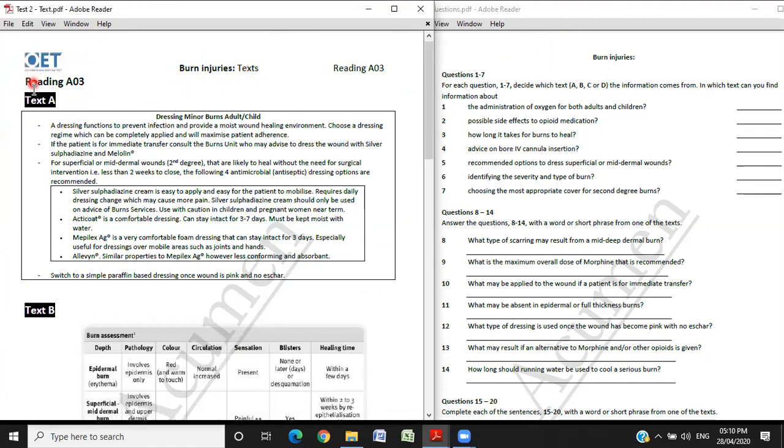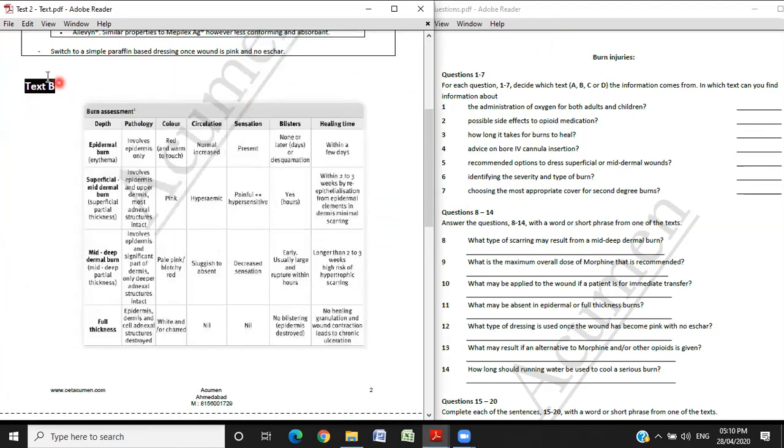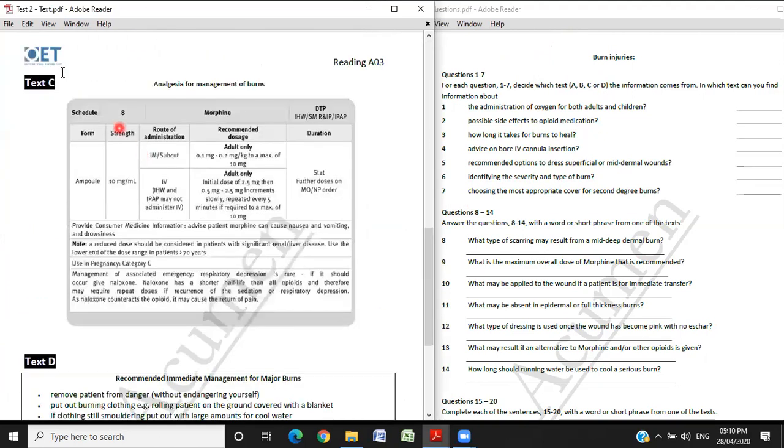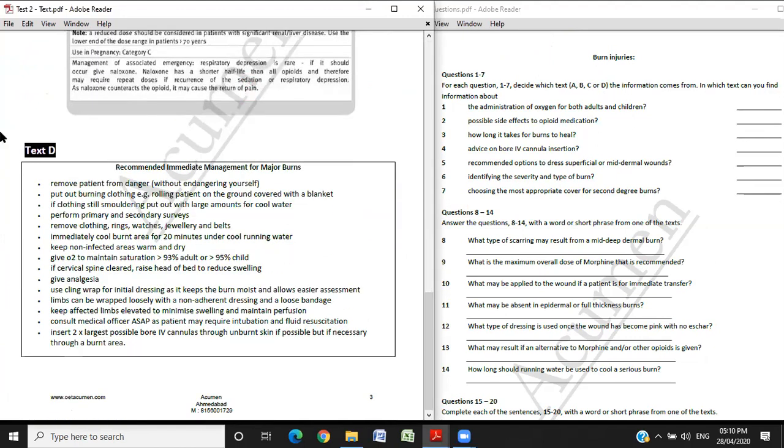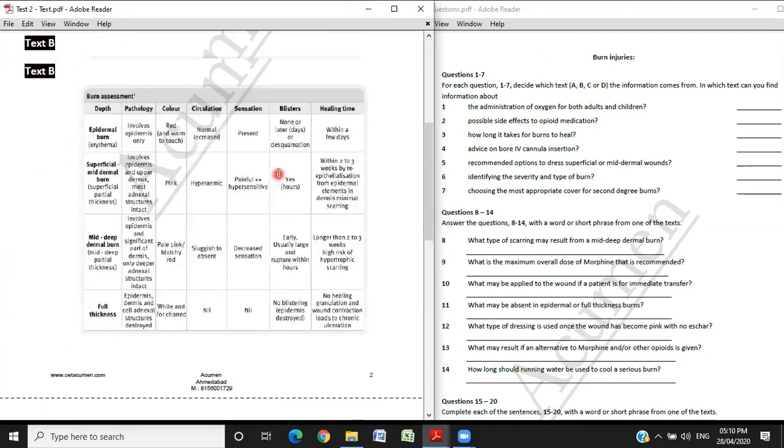So you have text A on dressing minor burns. Then you have text B on assessment. Then you have text C on analgesia. And you have text D on immediate management for major burns. So these are the kind of texts that you will have.